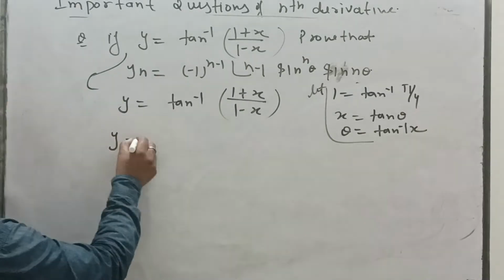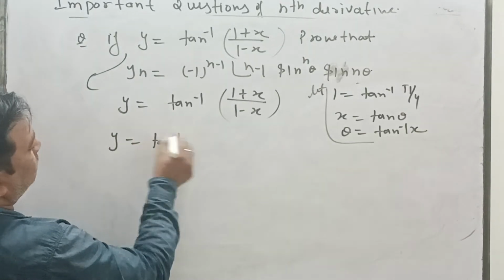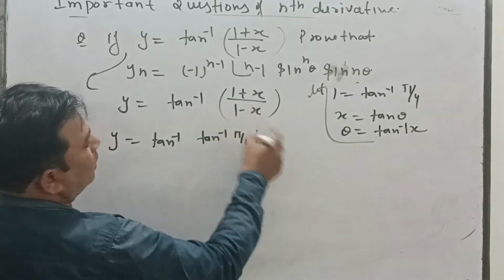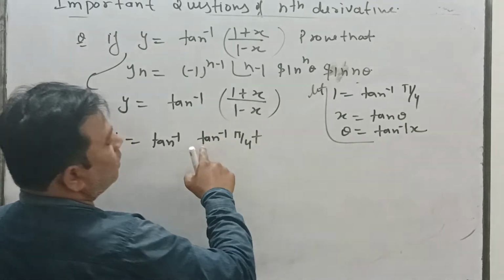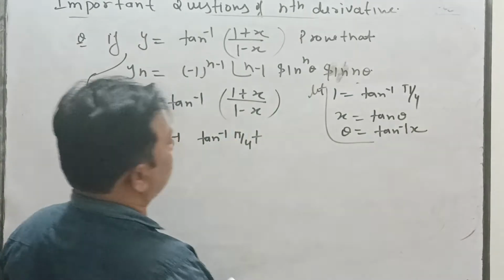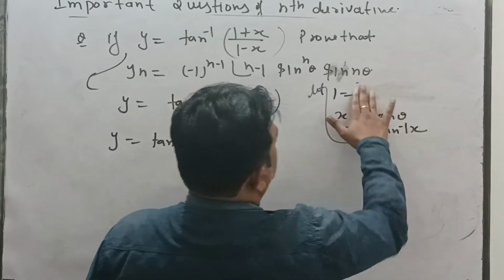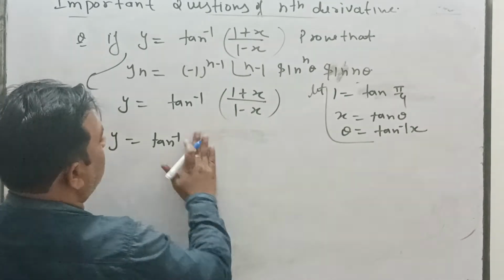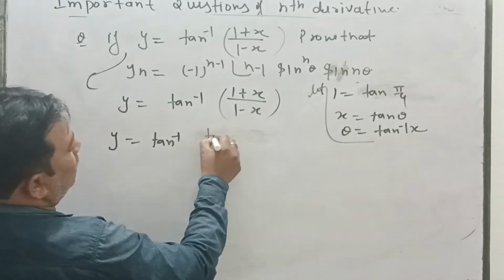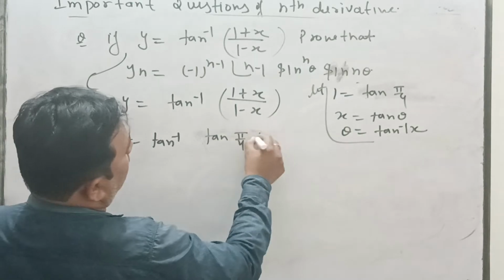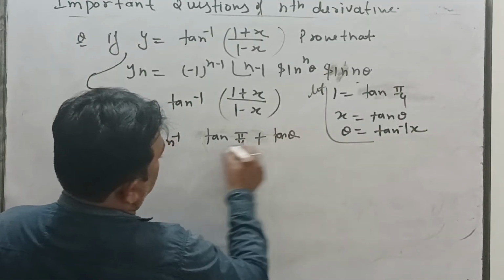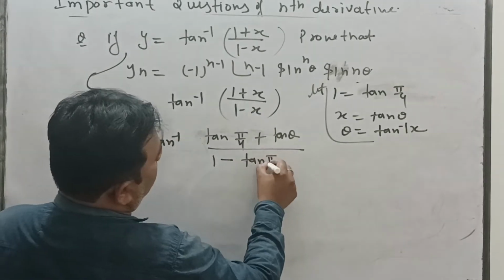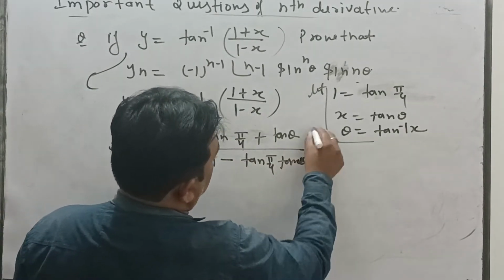Write the value of y equals tan inverse of (tan of pi by 4 plus tan of theta) upon (1 minus tan pi by 4 times tan theta).